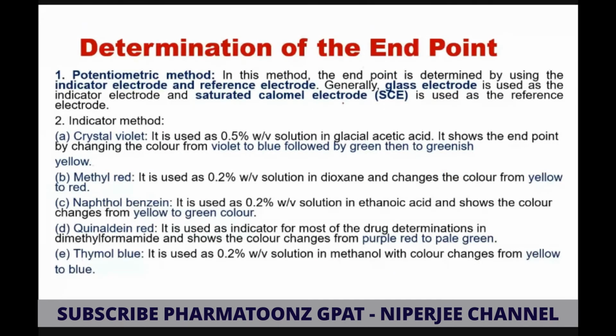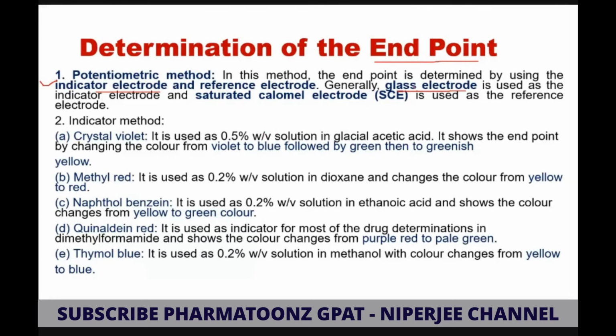Now in non-aqueous titration, the endpoint can be detected by two methods. The first is the potentiometric method, which I think was discussed by Jinagna. In potentiometric methods, which electrodes are used? Basically an indicator electrode and a reference electrode are used.